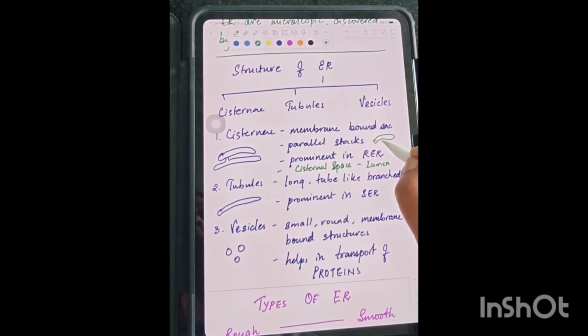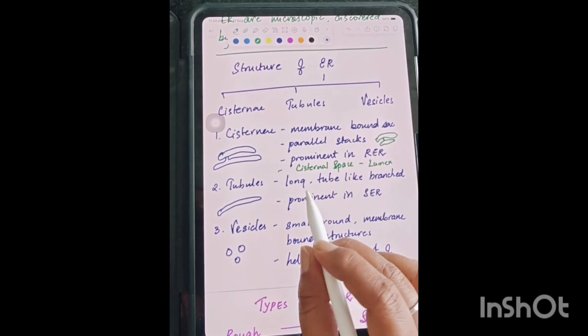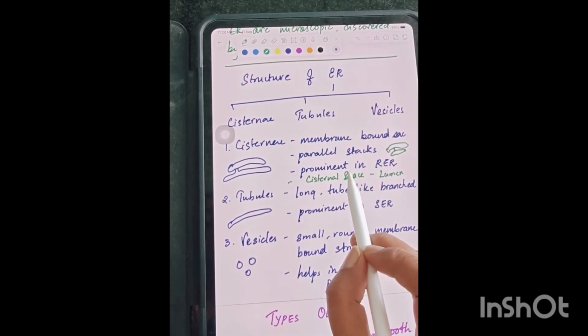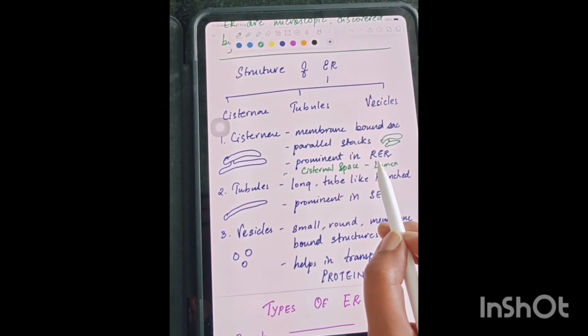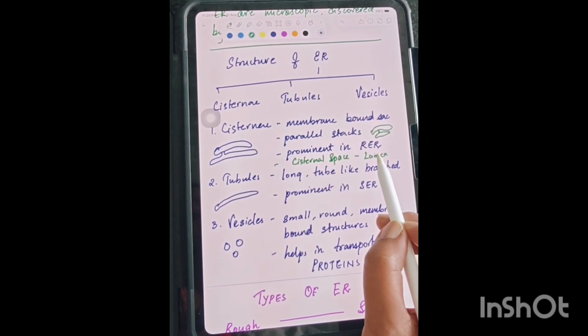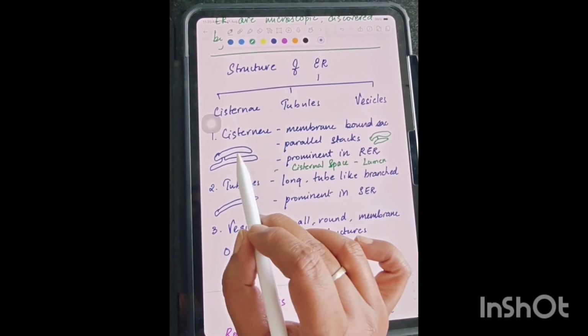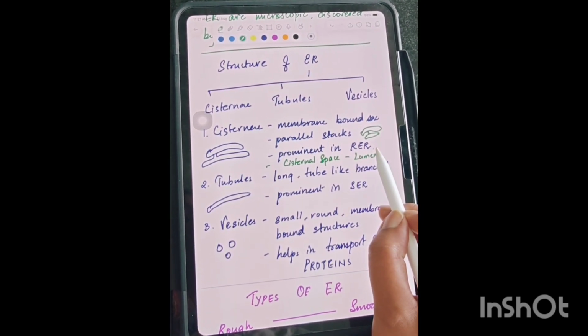It is prominent in the rough endoplasmic reticulum, which we will discuss in the types. So cisternae are mainly present in rough endoplasmic reticulum.